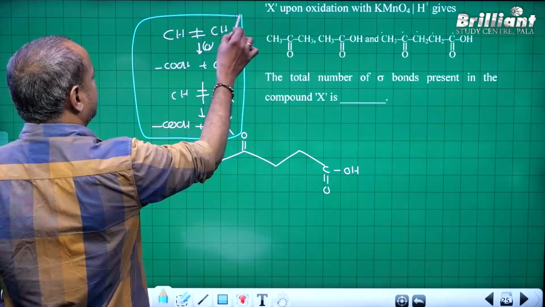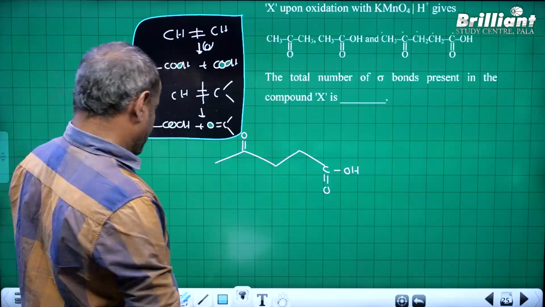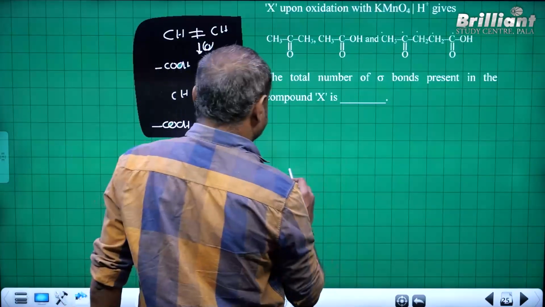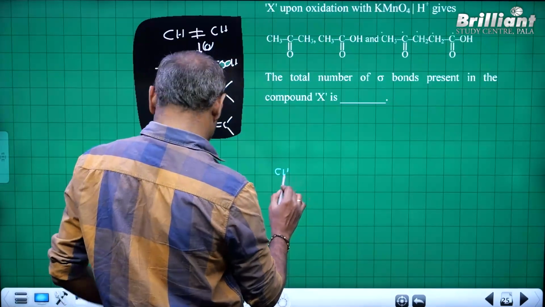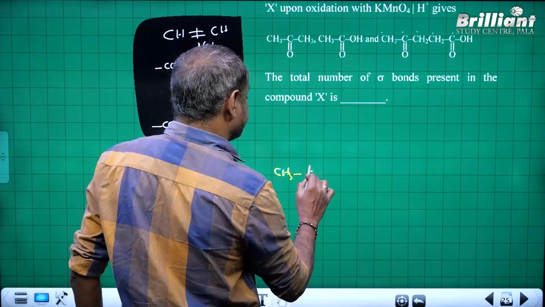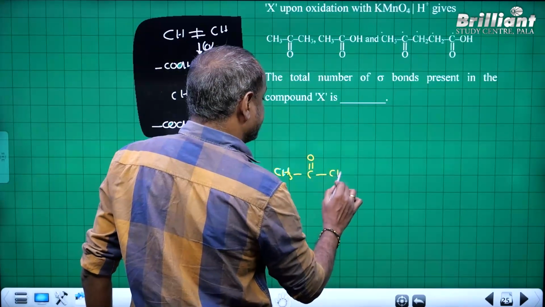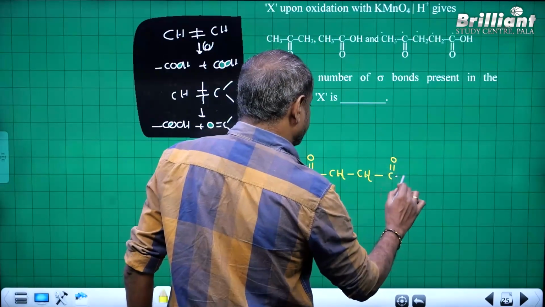That is the principle of oxidation. Okay. So first compound, write the full formula, CH3 CO CH2 CH2 COOH.